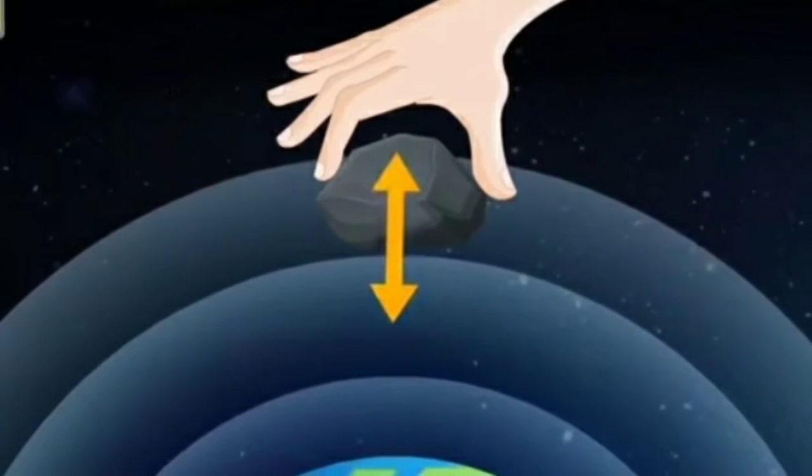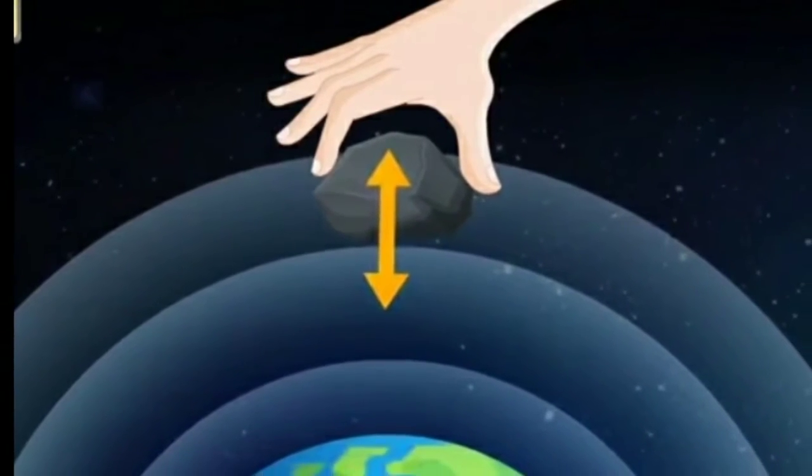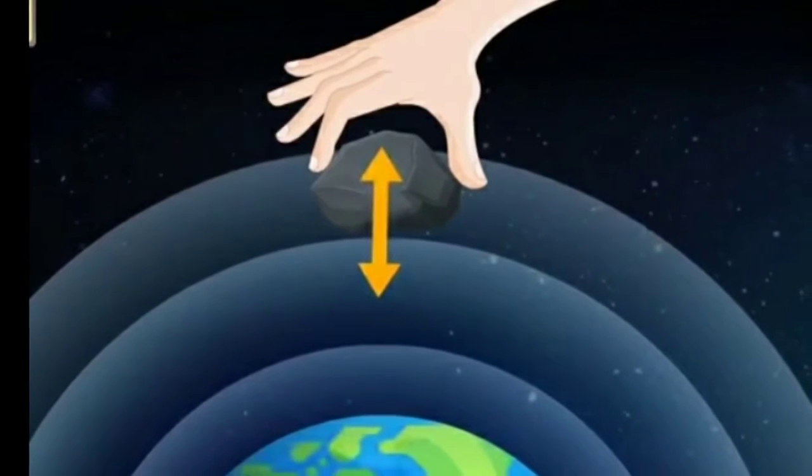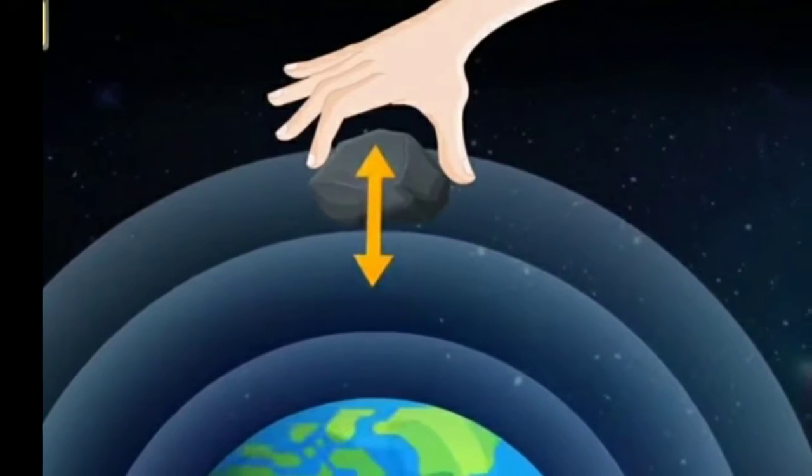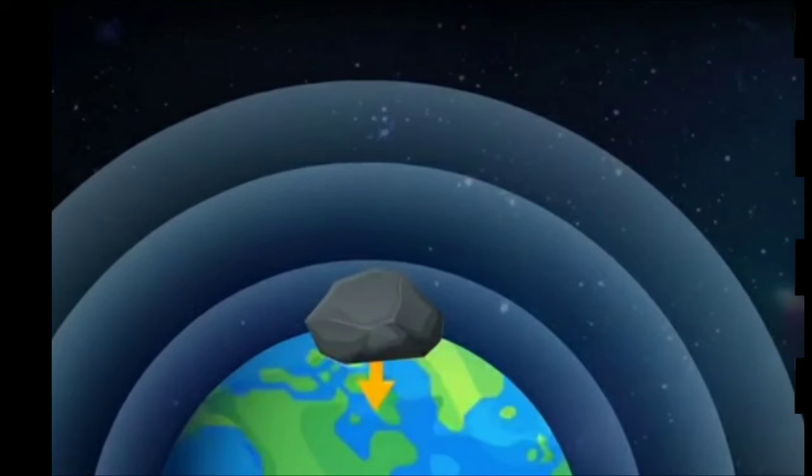So, as a result, the stone remained at rest, right? Once we release the stone from our hand, the only force that acts on that stone is the gravitational force of the earth, isn't it? And then the stone falls down under the influence of gravitational force. Are you getting me, children?